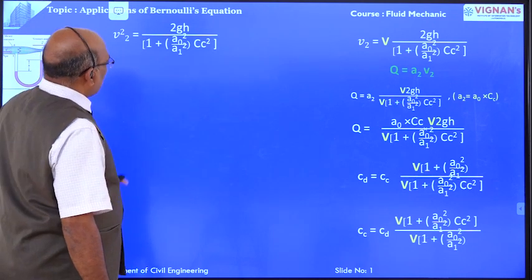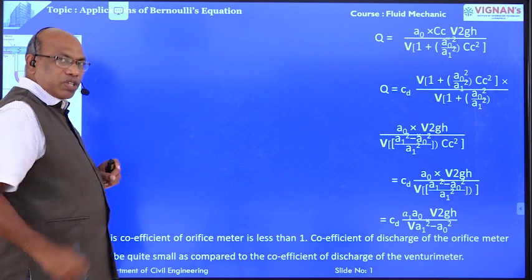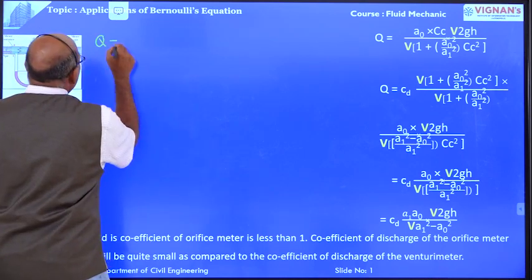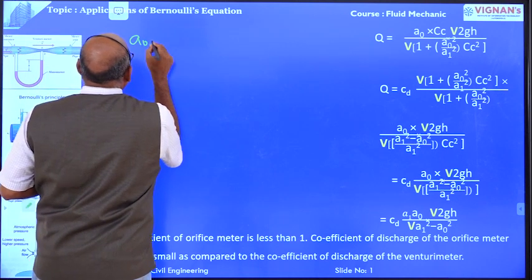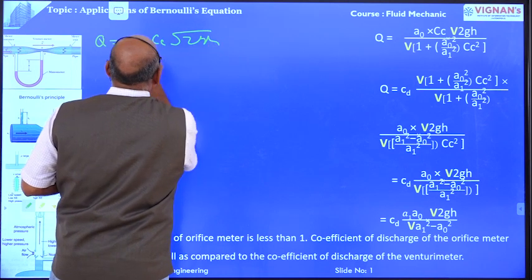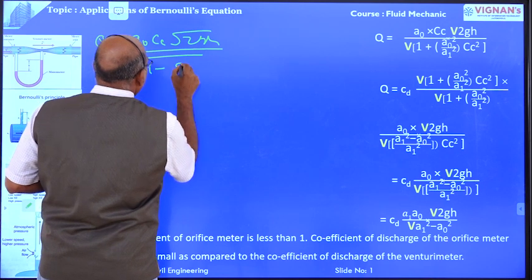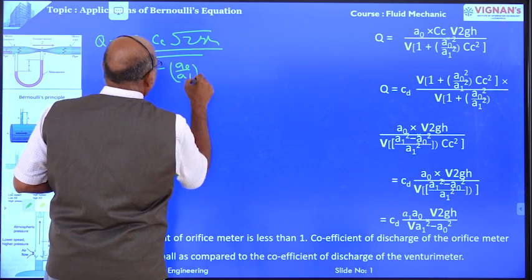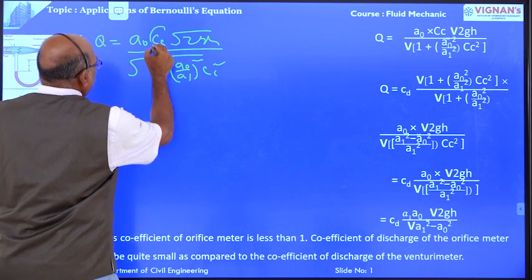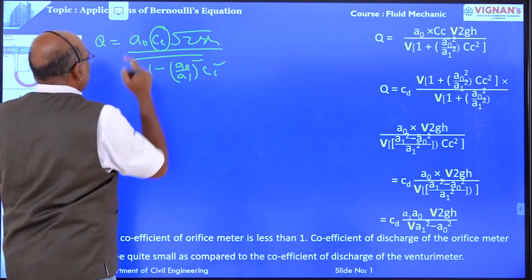Now we substitute this in the standard equation: Q is equal to A0 CC root 2gh divided by square root of 1 minus (A0 by A1) square into CC square. In place of CC, we substitute the equation we already derived.